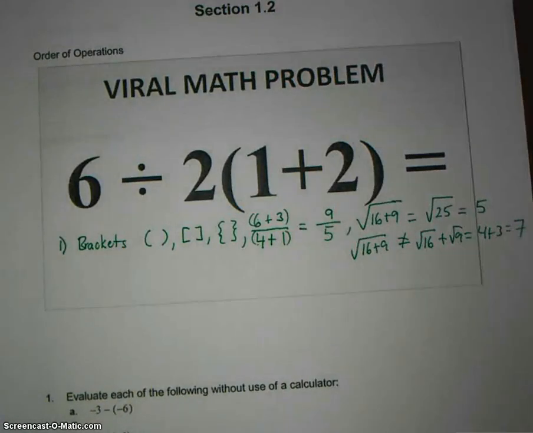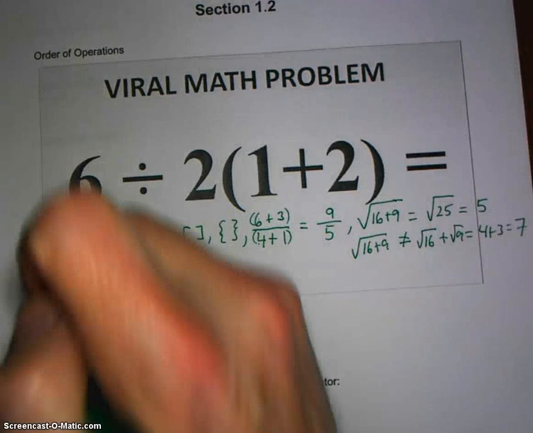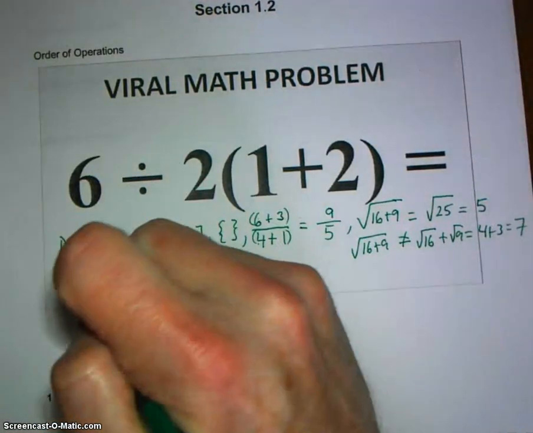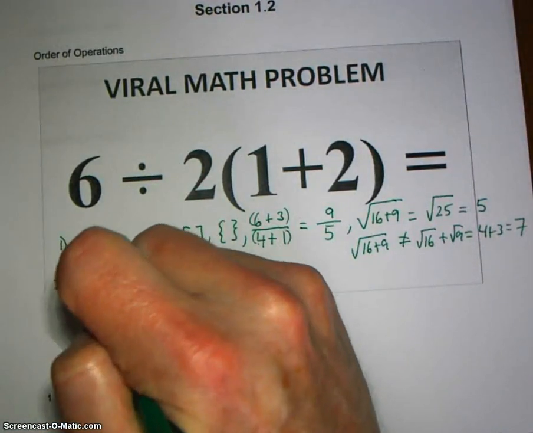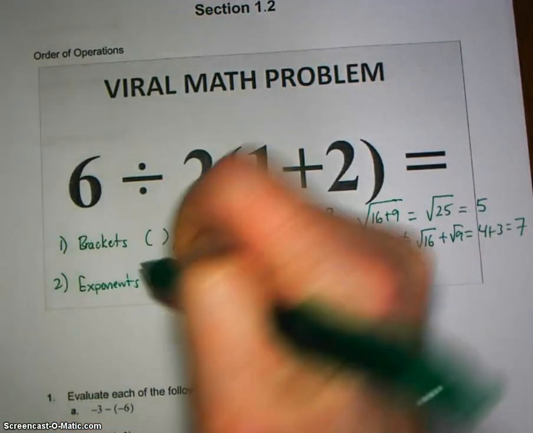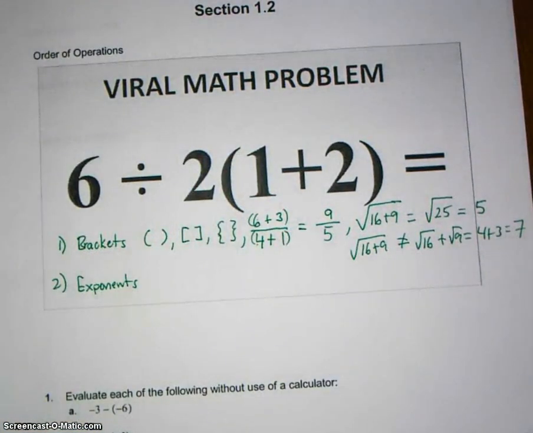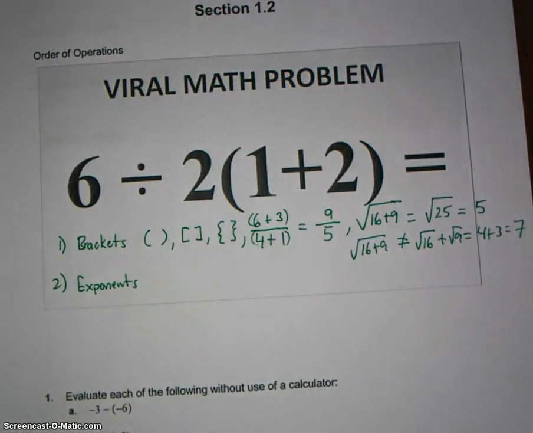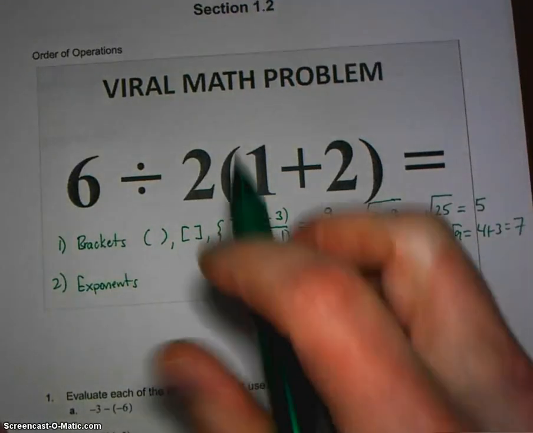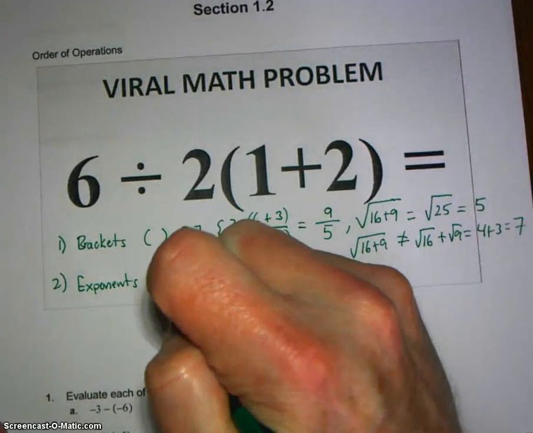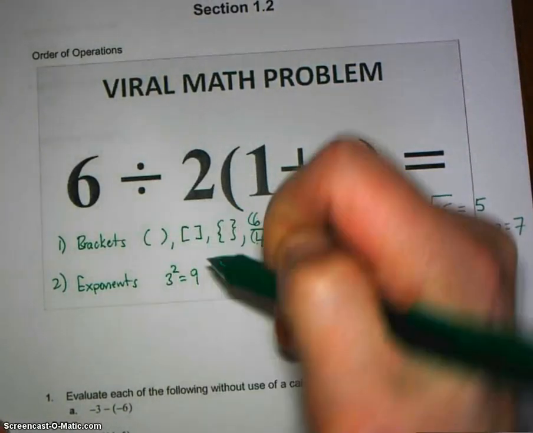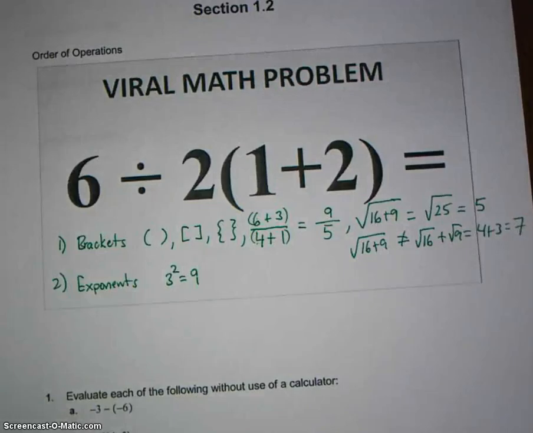All right, so brackets. Anytime you have things in brackets, that of course comes first. The second thing that comes is exponents. All right, and exponents, you know hopefully what exponents are. If I give you something like 3 squared, that means 3 times 3, which is 9.